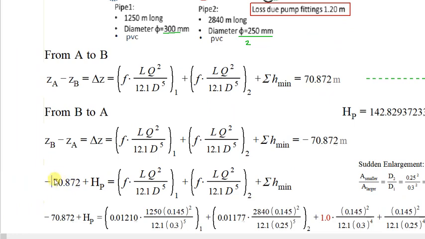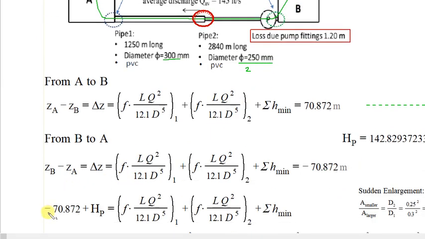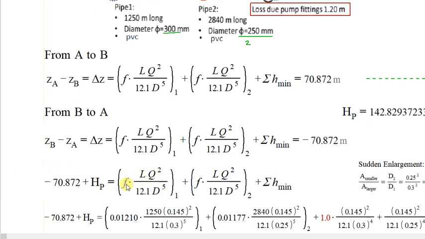Negative 70, but we have a pump, so it will be added to head B. So it will be negative 70 plus the head of the pump. This head of the pump should be greater than 70.87 so that the flow can reach A. If it isn't greater, the flow will not reach A.